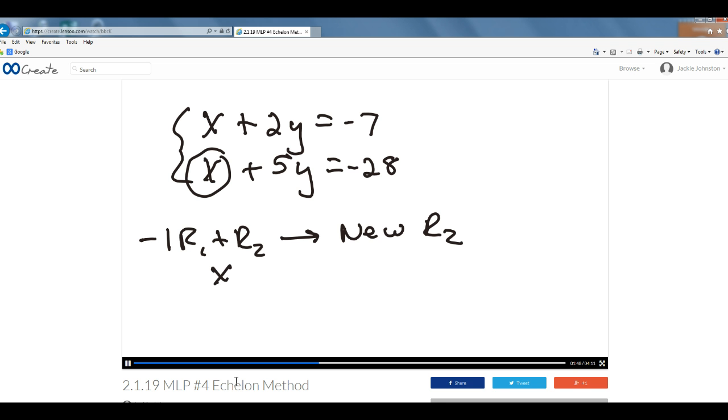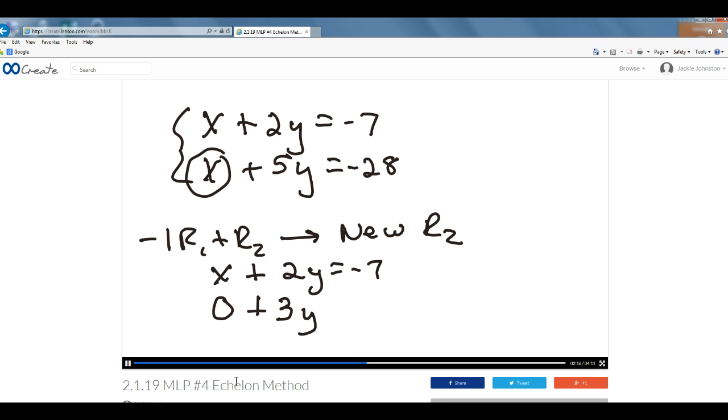My first row, we want it to be 1x, which it is, so it's fine the way it sits. But then when I take negative 1 times row 1 and add it to row 2, my new row 2 becomes 0. Then negative 1 times 2 is negative 2, and negative 2 plus 5 is going to be a plus 3y.